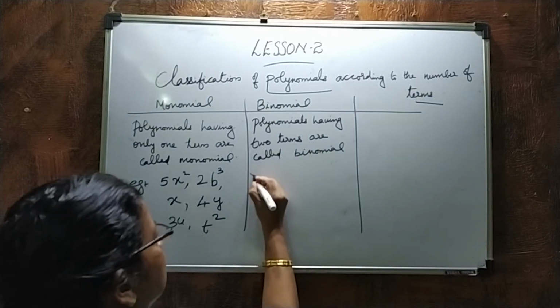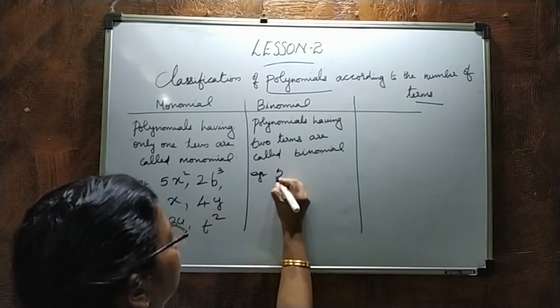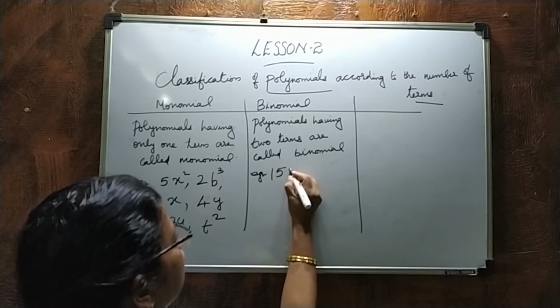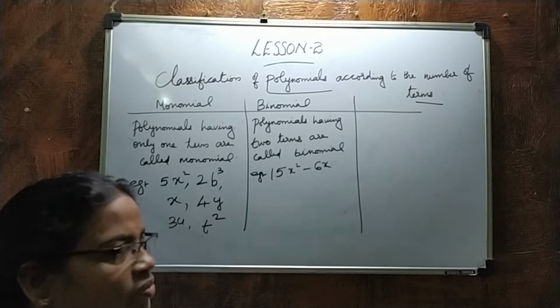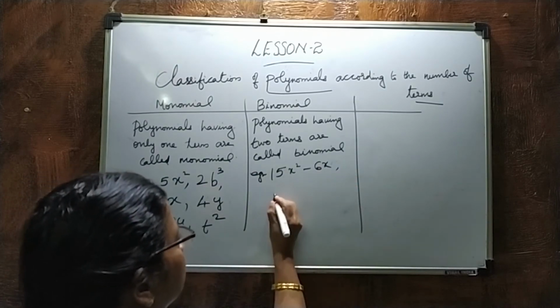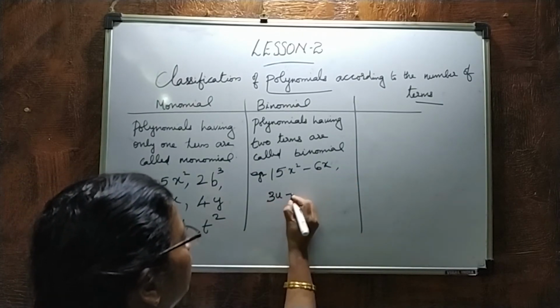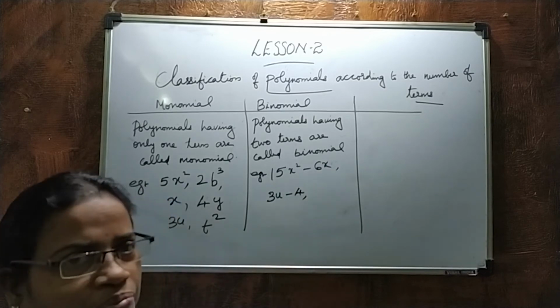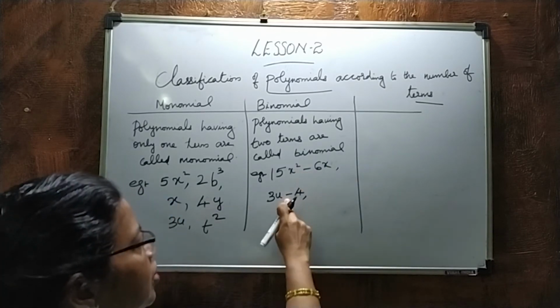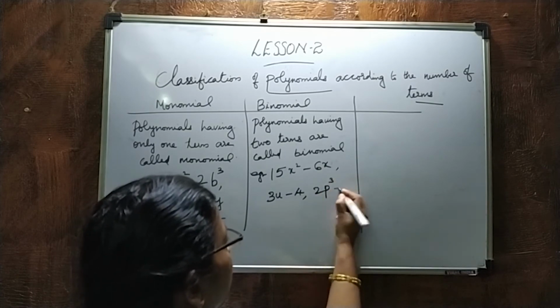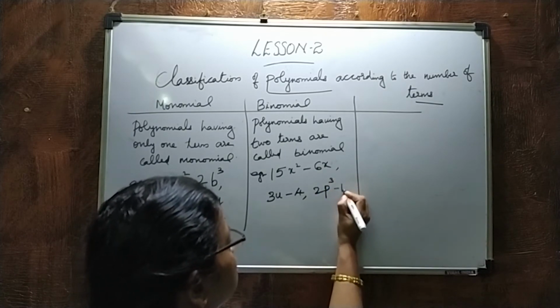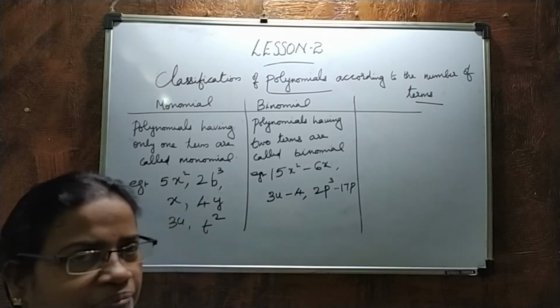Examples we can write: 15x square minus 6x. Then 3u minus 4, here minus is there. Next one, 2p cube minus 17p.